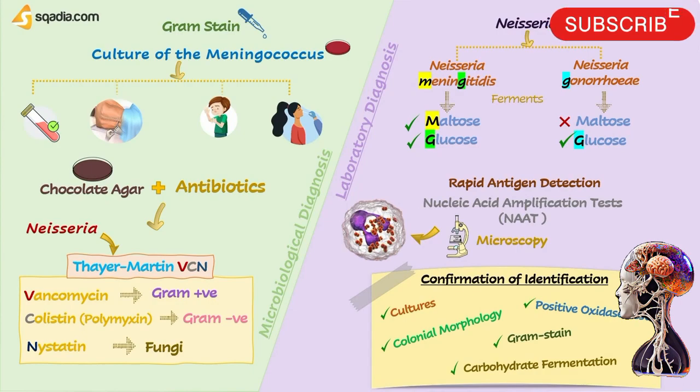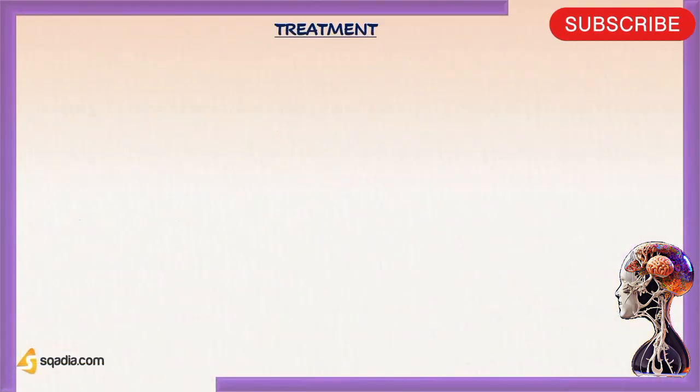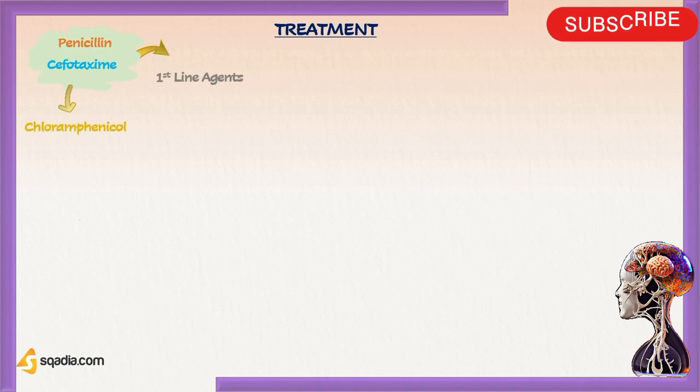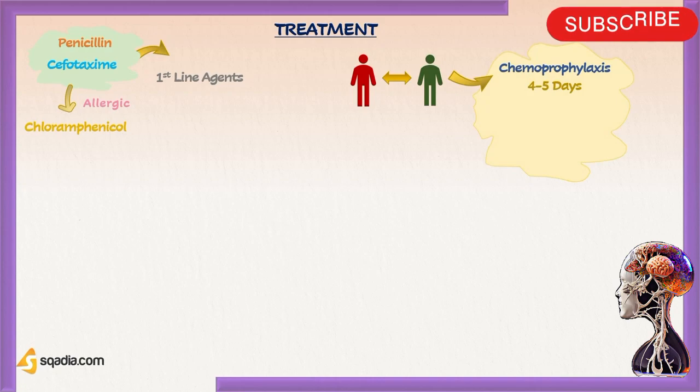Meningococcal infection is life-threatening and rapidly progressive, so you don't need to wait for laboratory confirmation to start treatment. Penicillin or cefotaxime are first-line treatments, while chloramphenicol is still used for patients with a true penicillin allergy. All close contacts of the patient can be given chemoprophylaxis using rifampicin, ceftriaxone, or ciprofloxacin to eradicate nasopharyngeal carriage.